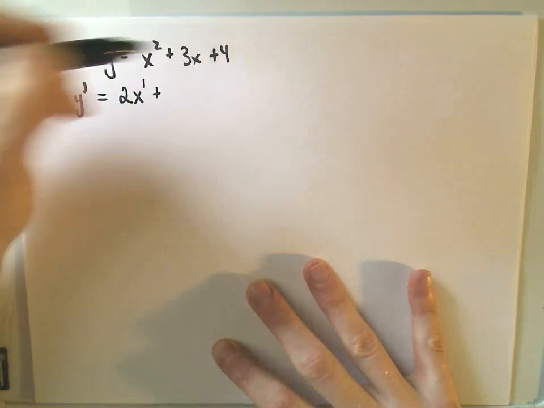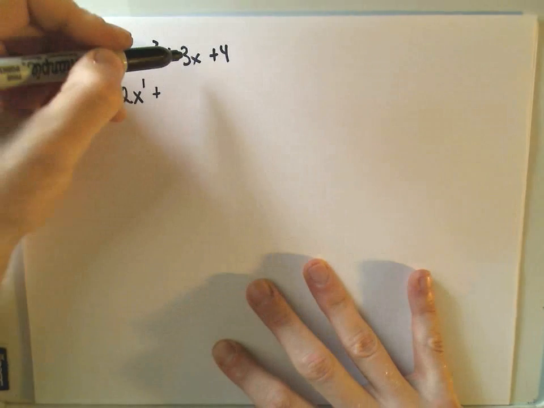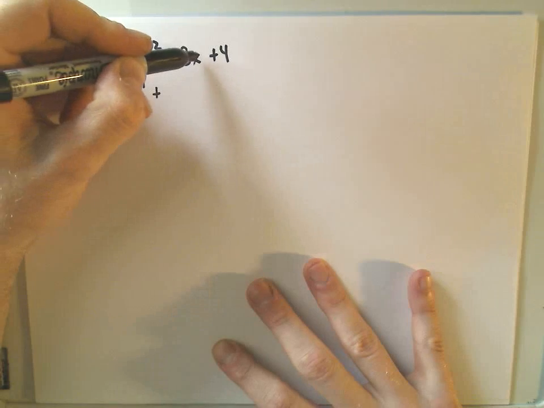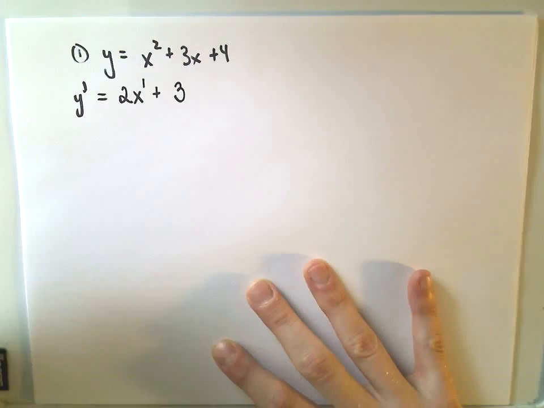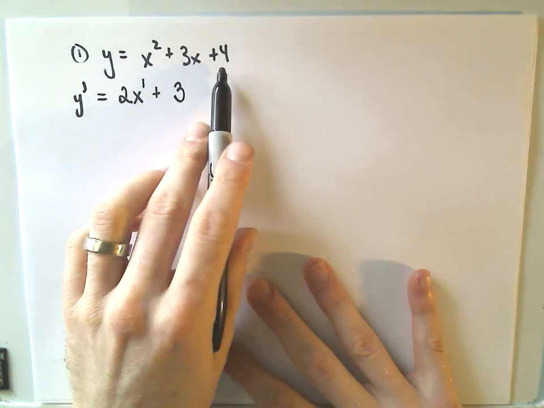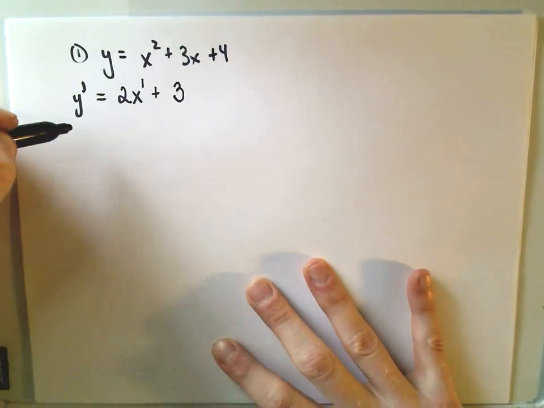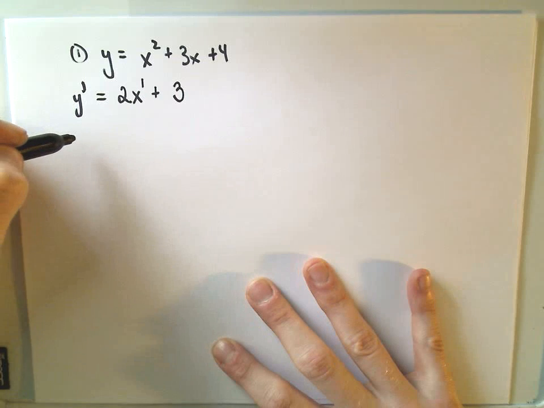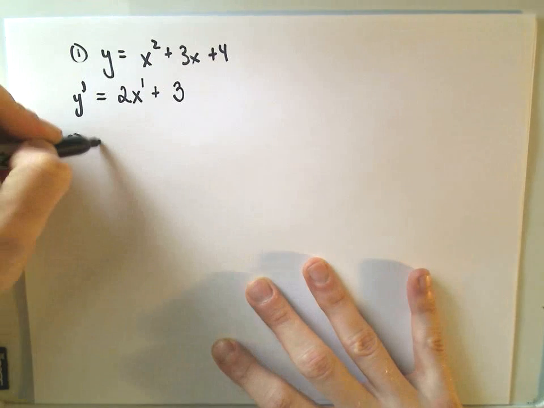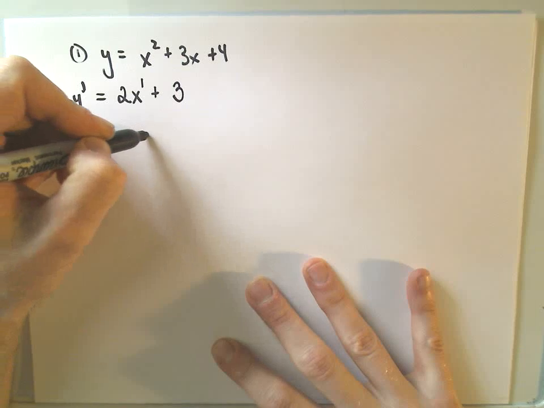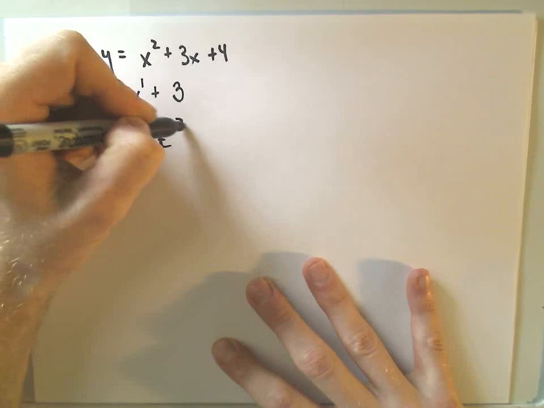If you have a number times a variable to the first power, in essence the variable just kind of falls off, and you're left with the constant. And then the derivative of the constant 4 is simply equal to 0, so that would be our derivative, simply 2x plus 3.